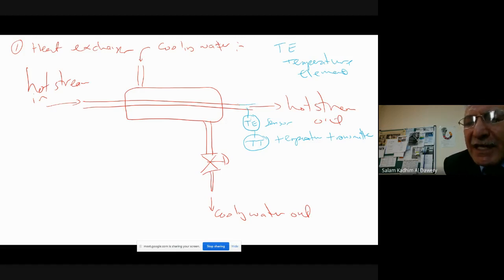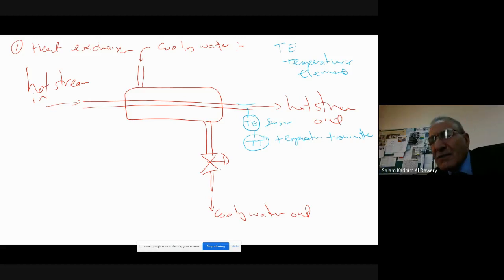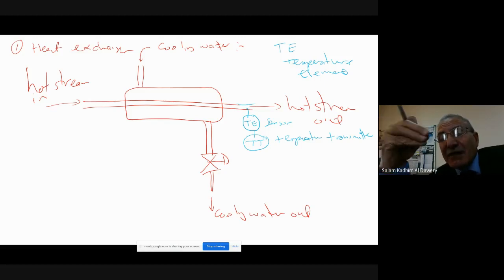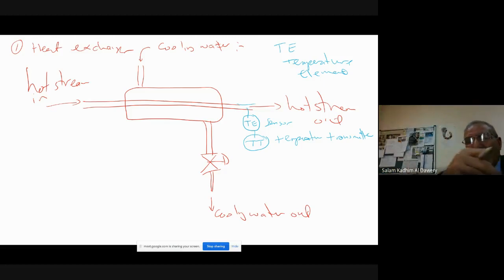You read the temperature, but this element doesn't give you the temperature, it gives you an electrical signal. For example, in the car, there is a measurement for the engine oil temperature or the cooling media, and you see the temperature on the dashboard. How does that signal come? Through 12 volt DC, as well as the level of petrol inside the car. There is a sensor, and that sensor sends the signal through wires. So this is the transmitter.